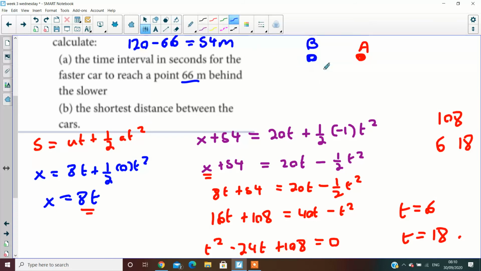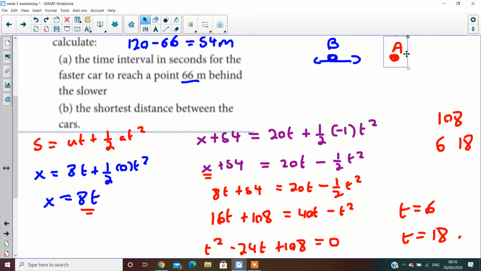B gets closer to A. Then it gets even closer to A, but then what happens? Stops moving. Then A pulls away from B. And then once again, you're going to hit the 66 mark again, aren't you? So which is the answer I'm looking for? The first or the second? First answer. Okay.